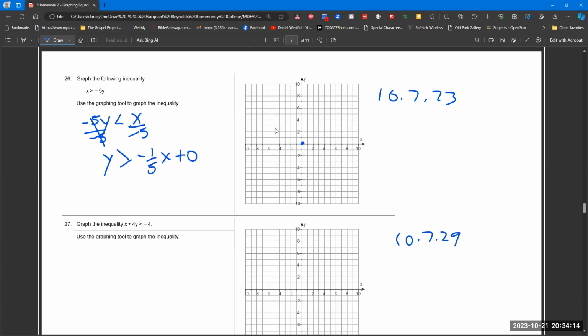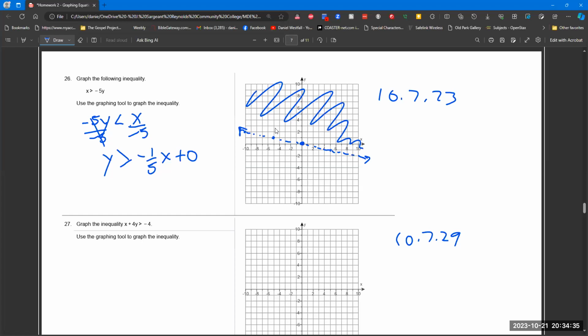My y-intercept is at 0, 0. I'm going to go down 1 and right 5, up 1, left 5. I have a broken boundary line here. And I'm going to be shading above this boundary.